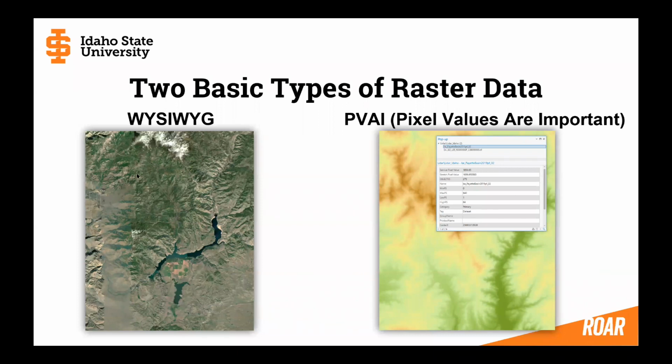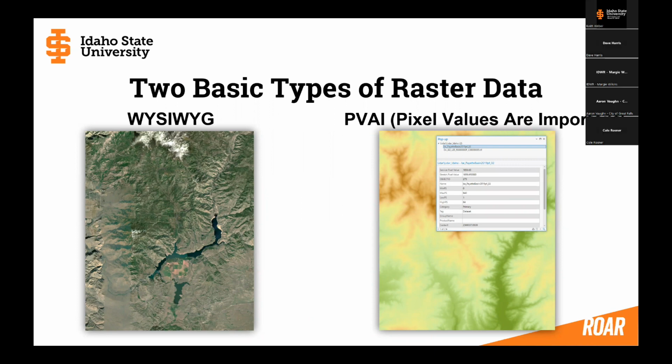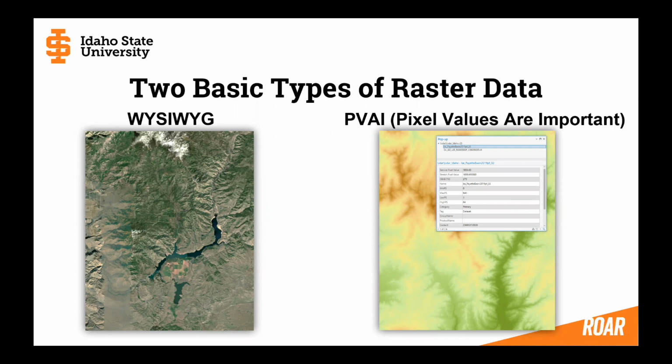If we clicked on a pixel value over here, we would simply see the red, green, and blue values, not really telling us too much other than that's how we got that shade of green or that shade of brown. That's it. So very different types of raster data, but we can serve both.